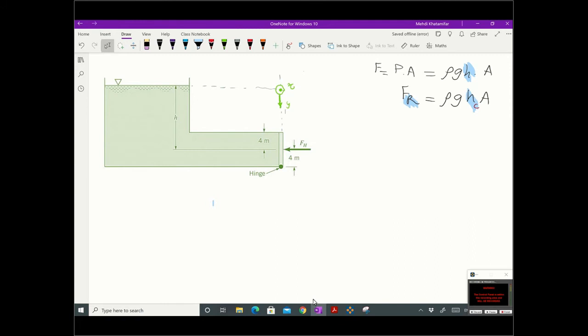Now find the position. Did you find YR? If you find YR, you have everything. Then you have two forces with distances. Find the moment about h. So this is going to be 5.33 h plus h.